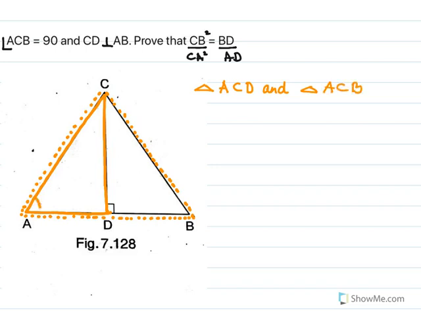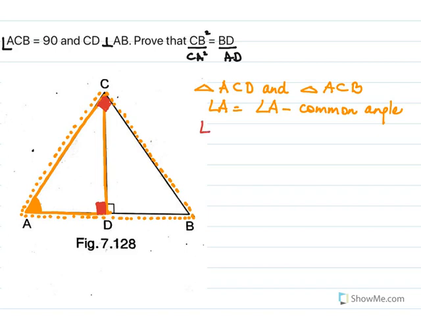If you observe these two triangles, I have angle A that is common for both. So I have angle A equal to angle A, and that is the common angle. Then the 90, let's mark the 90. In the smaller triangle this is 90, and in the larger triangle this is 90.